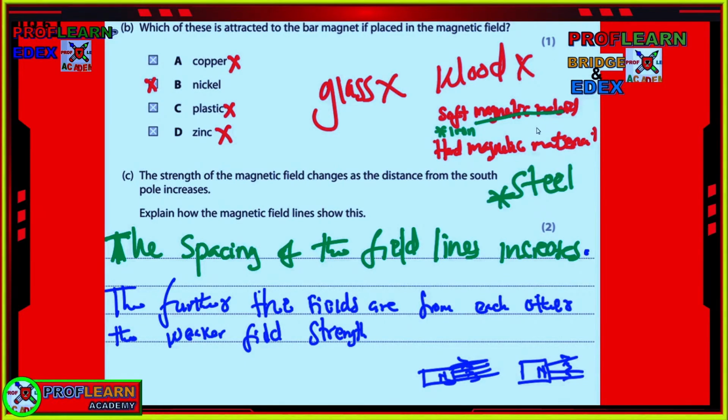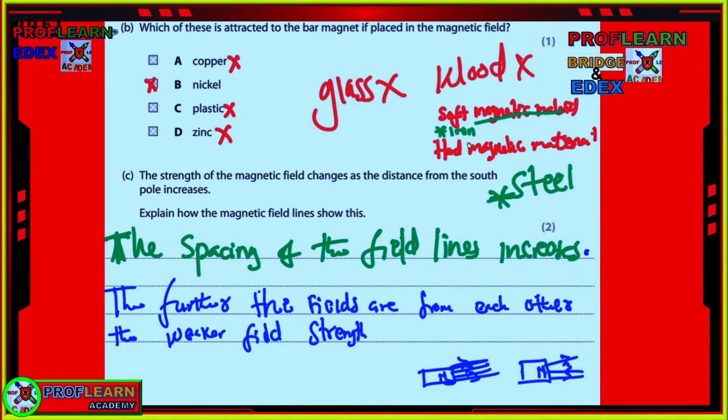we have materials called soft magnetic materials and hard magnetic materials. An example of a soft magnetic material is iron, and an example of a hard magnetic material is steel. Soft magnetic materials are those materials which are easily magnetized, but once magnetized, they lose their magnetism quite fast.